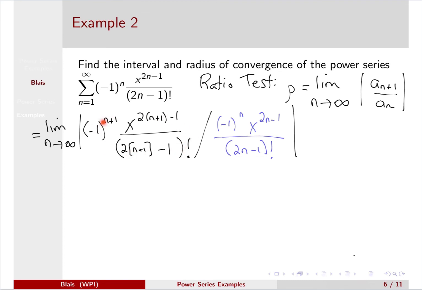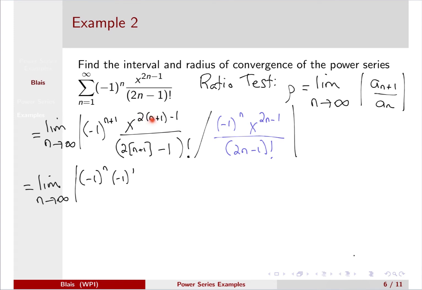Let's clean up algebraically that numerator term. So we have the limit as n goes to infinity of the absolute value. We have minus 1 to the n times minus 1 to the 1. Let's multiply out the exponent here.